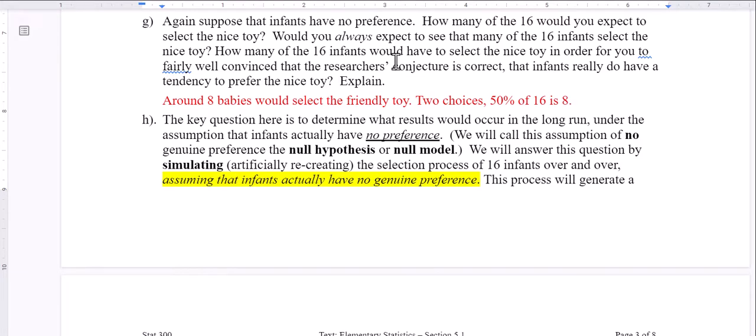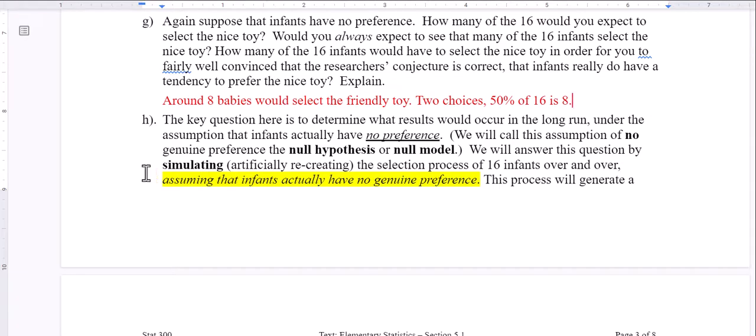So the key question here is to determine what results will occur in the long run. So under the assumption that infants actually have no preference, and we're going to call this the null model, the null hypothesis. So this is the model with no preference. And we will answer this question by simulating, artificially recreating the selection process of 16 infants over and over.